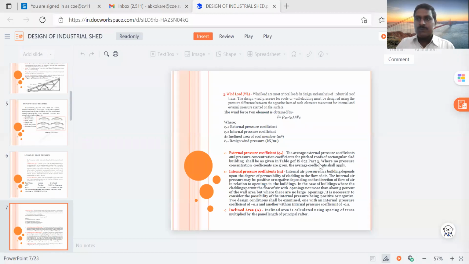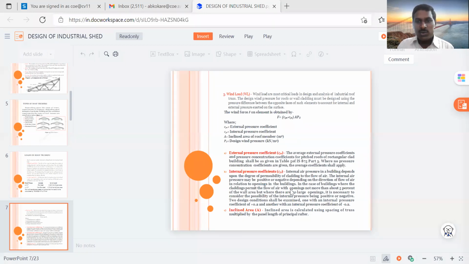So for the two sides, the wind pressure acts on the roof truss in two directions. For this particular zone of the wind area, we have divided the external wind coefficients, and these are given in Table number 5 of IS 875 part 3. That we will see in the next slide.